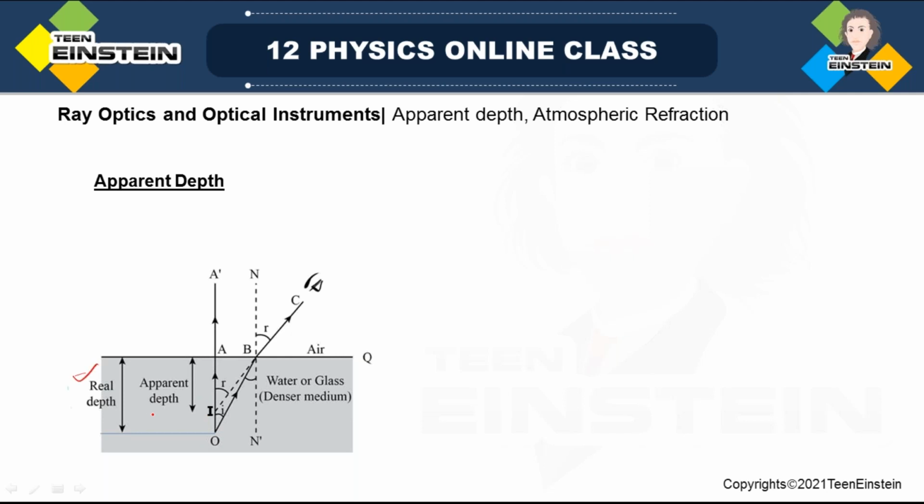You can see this is the real depth, and this is the apparent depth. The image is forming here. In this figure there is an object at point O, and from the water surface, A to O is the actual depth, or real depth.